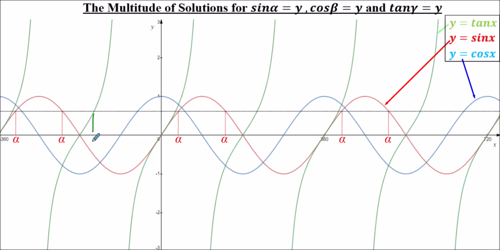And if I call these solutions here beta, for where tan beta equals this same value of y given by this dotted line, you should see the 6 solutions here. Similarly, for cos x, again you should see 6 points along the x-axis, which would give the same value for where cos of that value of x gives the same value for y, as is this dotted line.